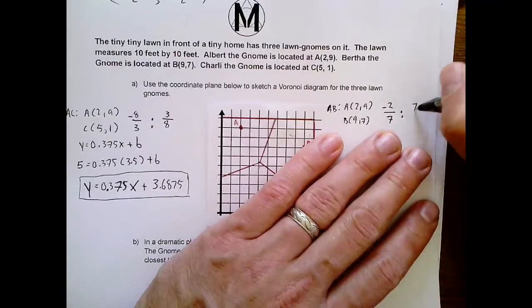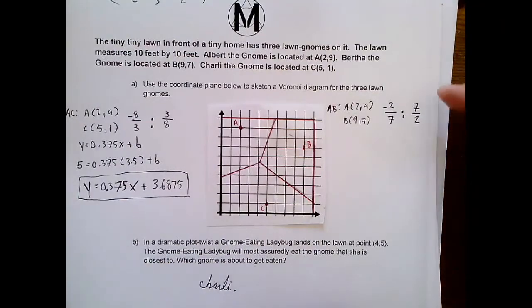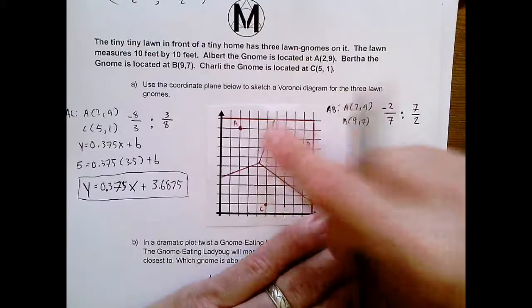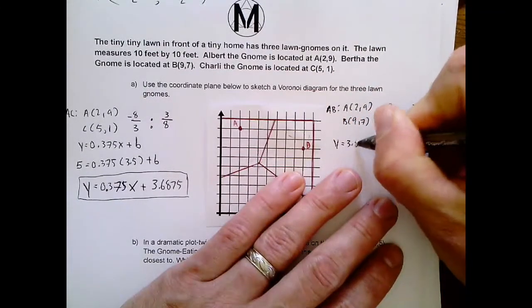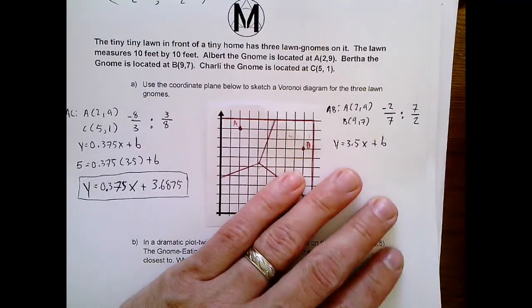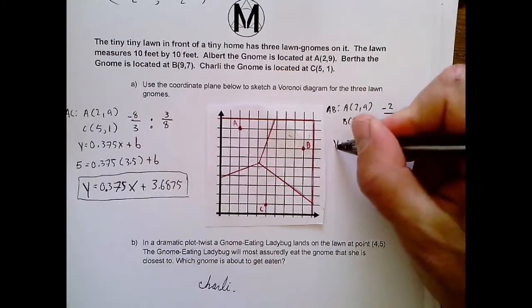So it would just be 7 over 2. And 7 divided by 2 is 3.5. So we know that the equation of this perpendicular bisector is y equals 3.5x plus b.